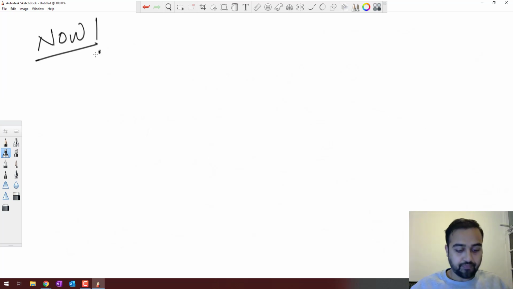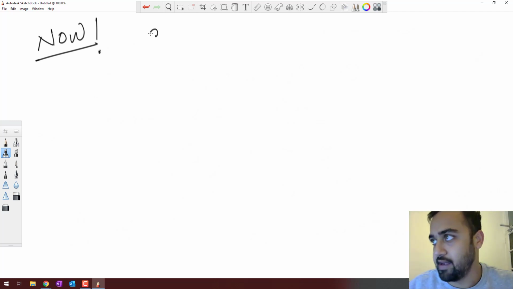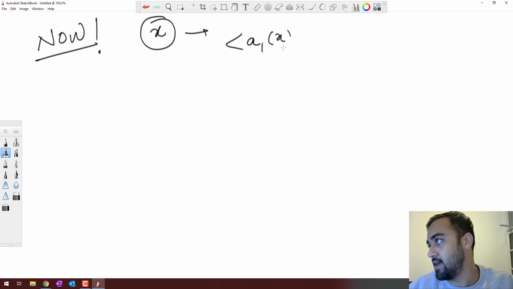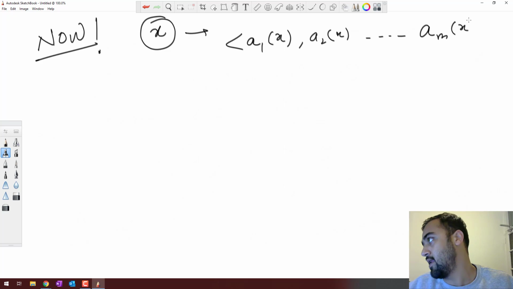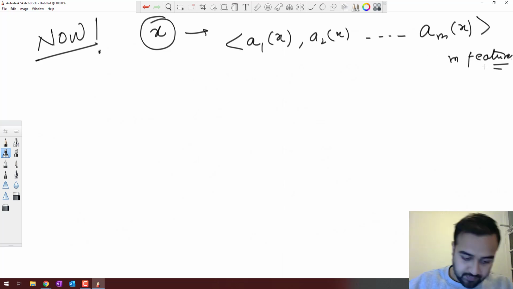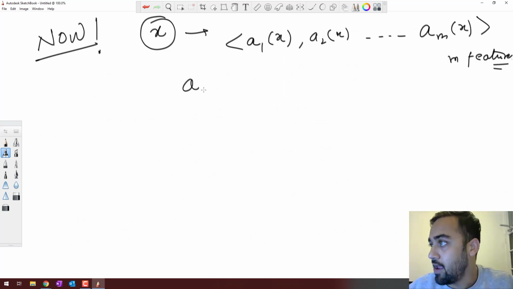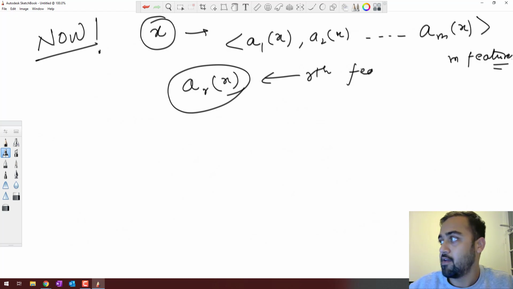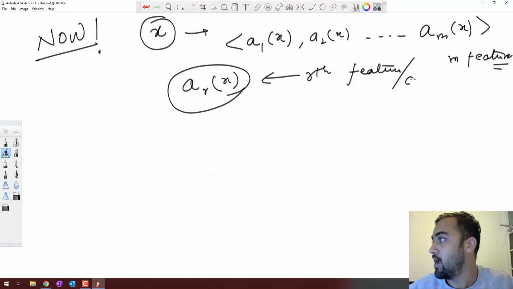Now let x be described as a feature vector. Obviously any data point x will be made up of different features, so let it be described by a feature vector given as a1(x), a2(x) till am(x). That means it has m features, right? Where ar(x) is the rth feature or attribute of x.